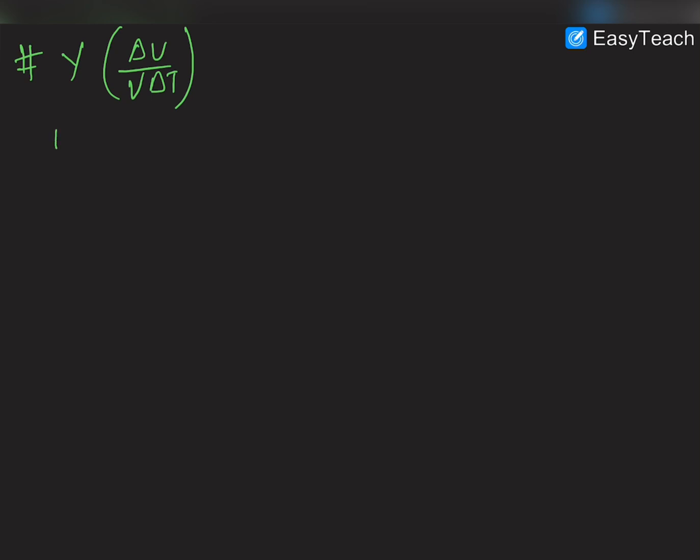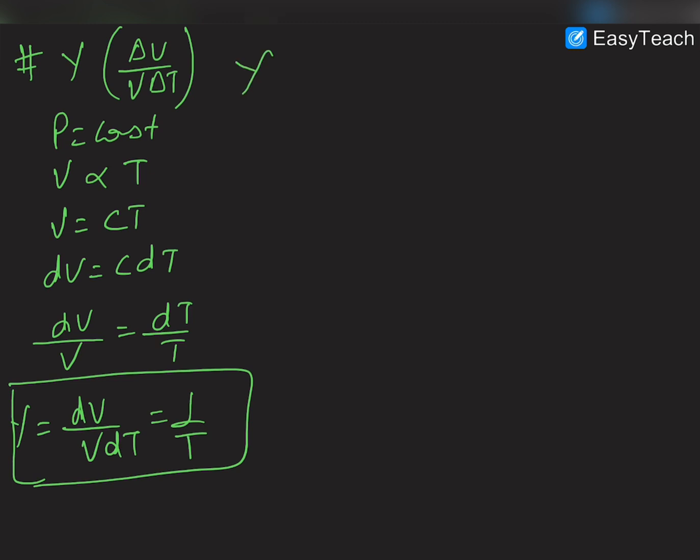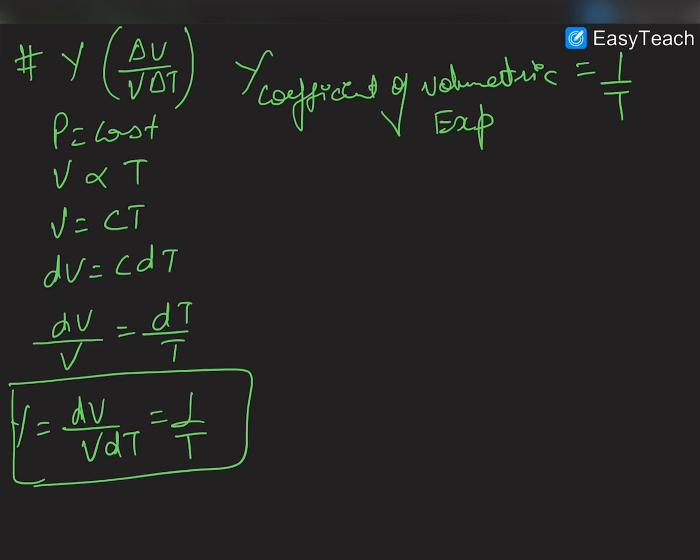If P is constant, then V is directly proportional to T. So V is equal to Ct, so dV is equal to C dT, and dV by V will be equal to dT by T, and dV by V by dT is equal to 1 by T. So gamma is the coefficient of volumetric expansion, and this gamma is equal to 1 upon T for isobaric process.